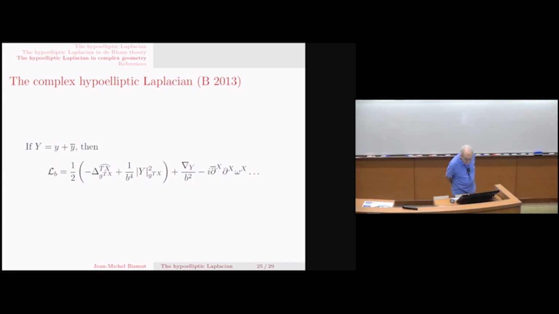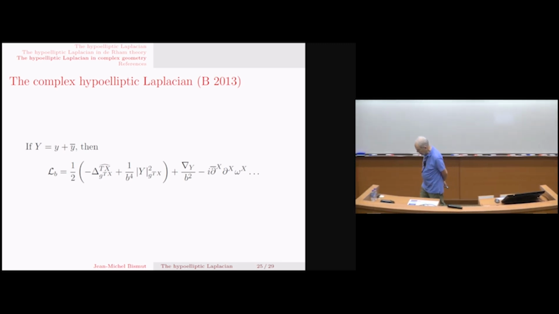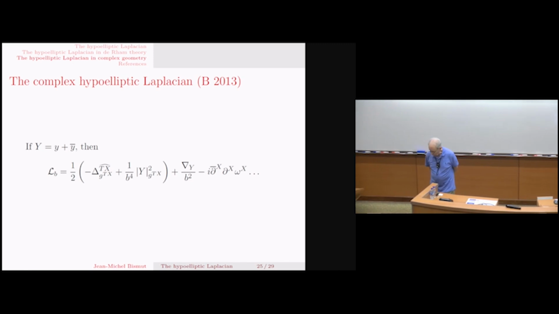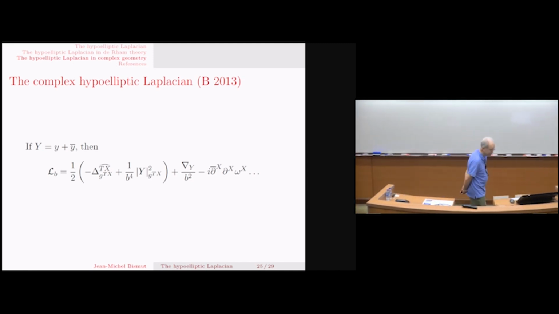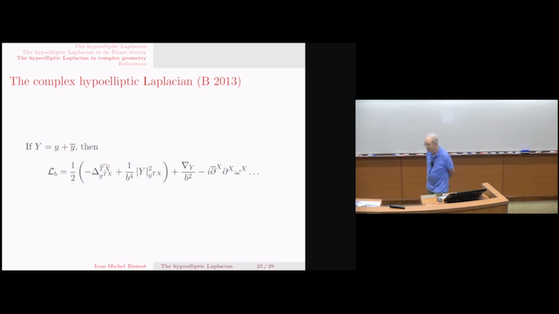So this d bar x dx of omega x also appears when you compute the Hodge-Laplacian for a Hermitian metric whose fundamental form is omega x. The d bar x dx of omega x, in that context, is a pain in the neck.